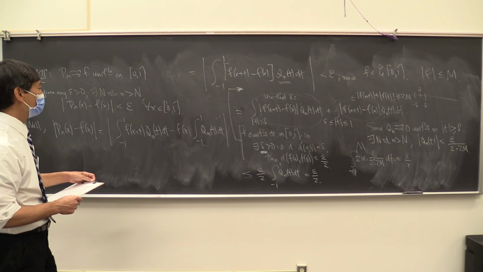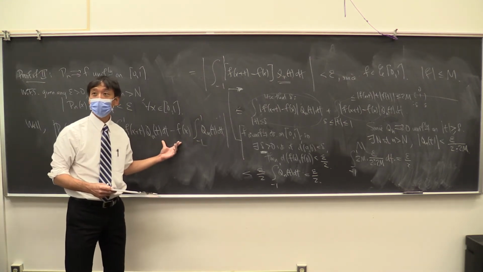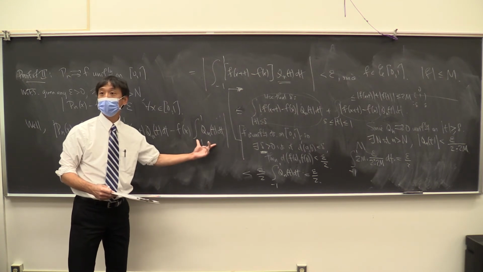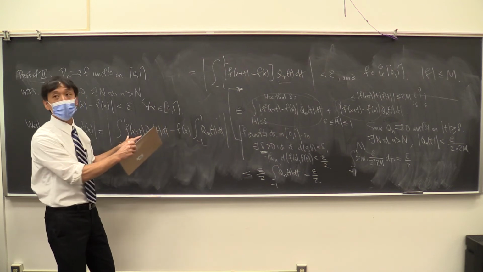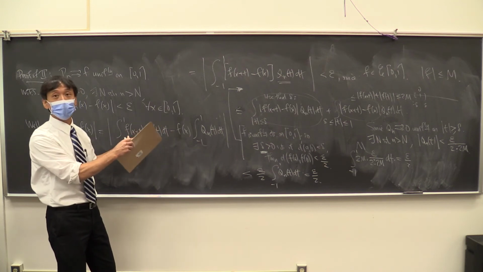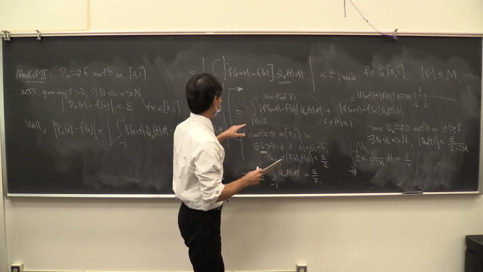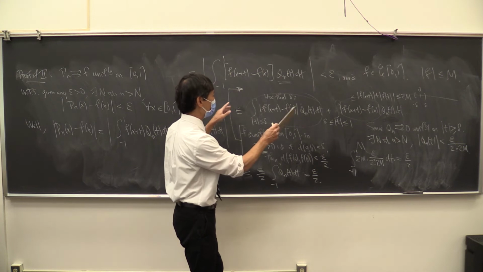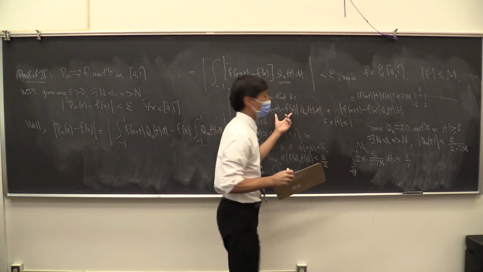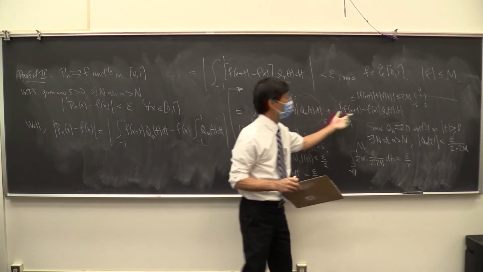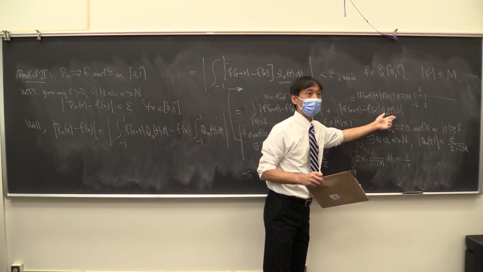We wanted this thing whose integral was 1, so that we could slide it in and then use the uniform continuity of the function to get control of this part. And then the second property of the approximation of the identity allows you to split it into 2 parts, one of which is controlled using the continuity of the function, the other of which is controlled using the uniform convergence to 0 of the approximation.